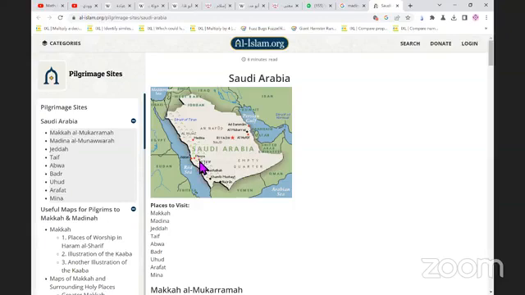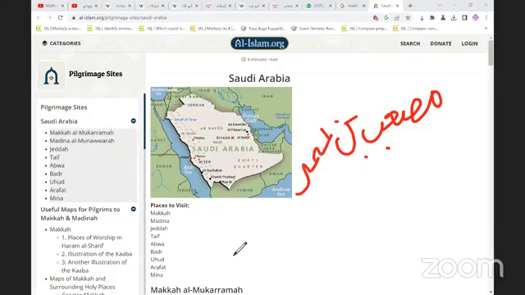Now, what happened is that before the Prophet ﷺ migrated to Medina, listen to this, you guys, this is a really beautiful story. Before the Prophet ﷺ migrated to Medina, he had sent one very young man. His name was Mus'ab ibn Umair, and he was only almost 16 years old.